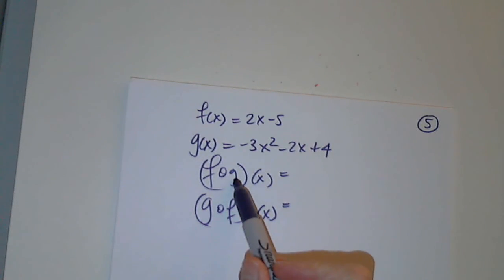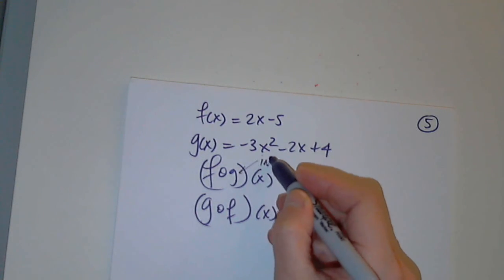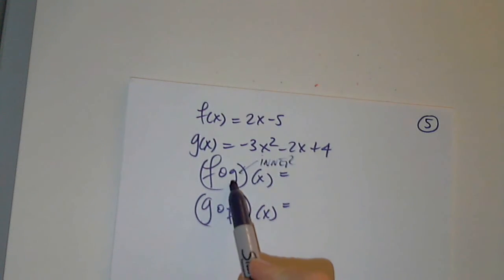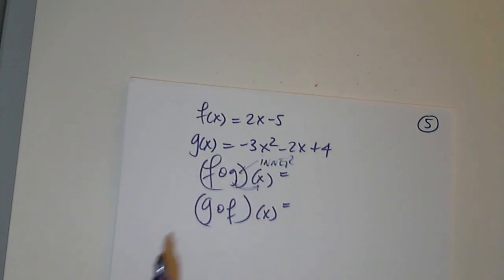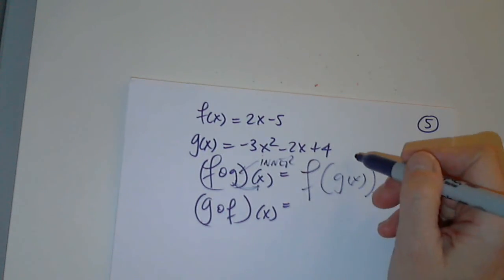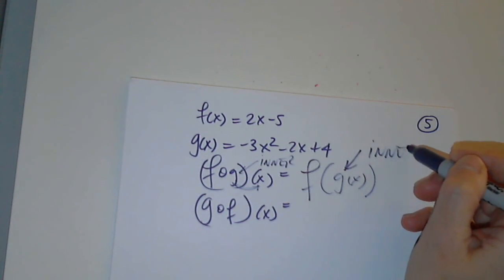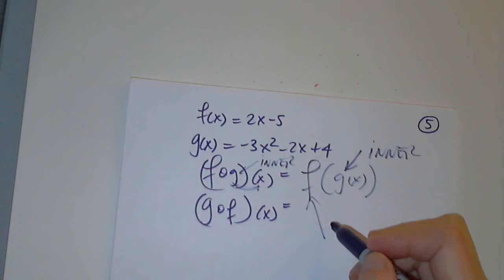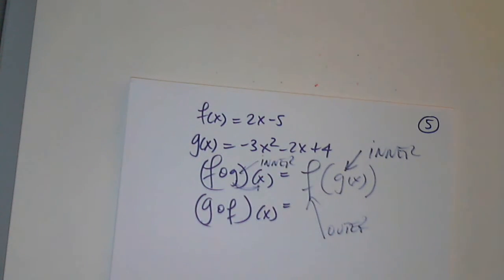So this is the inner. How do I know? Because it's the first one applied to x. So that's why this is f of g of x. So this is the inner function, and this is the outer function.